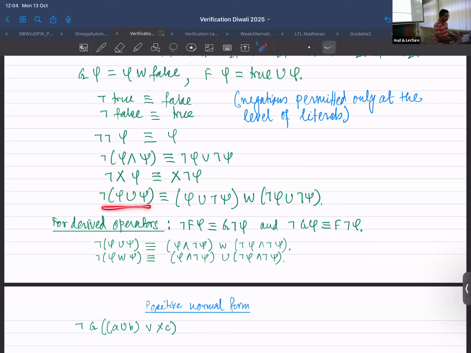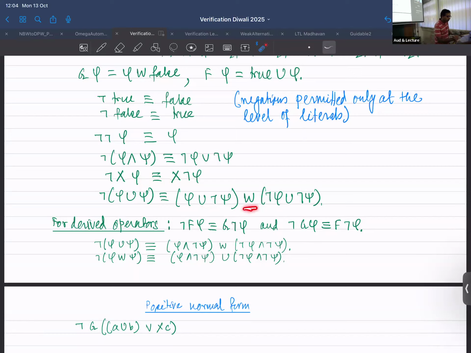And this is also something we saw: negation of phi until psi. So we saw the dual formula: if phi until psi doesn't hold, that means that you have phi and psi is not holding, and then at some point it may be possible that phi also stops to hold, or it can continue, that phi continues to hold, but then psi is never holding, right?